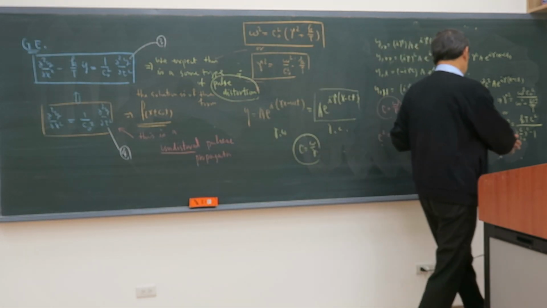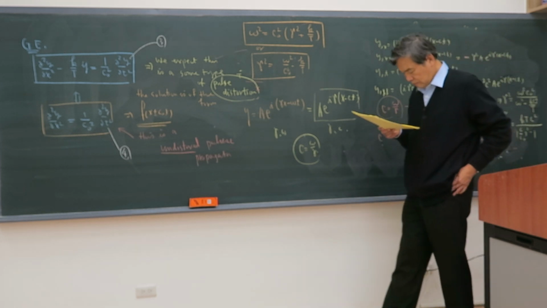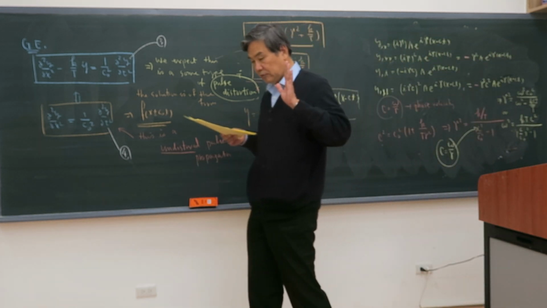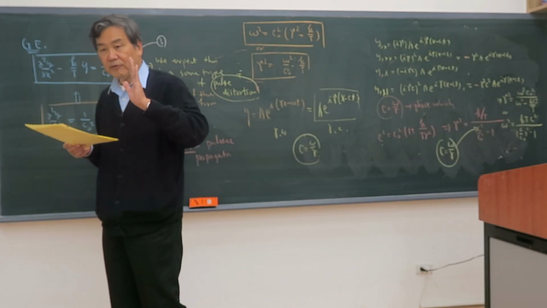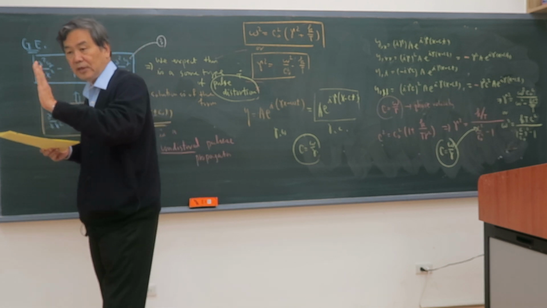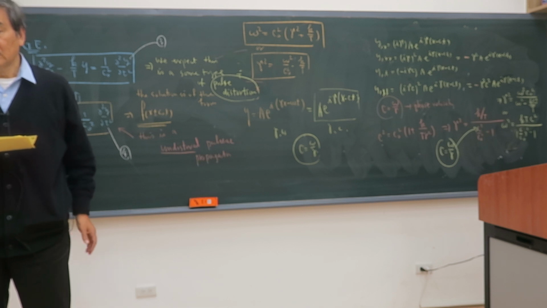So the physical meaning of this is a harmonic wave of frequency ω can propagate with a speed c, as governed by ω as a function of c. For different frequency waves, they propagate at different speeds.